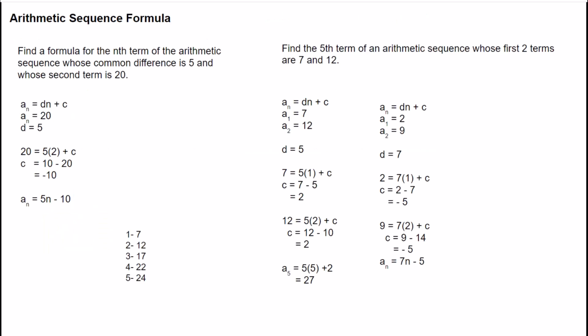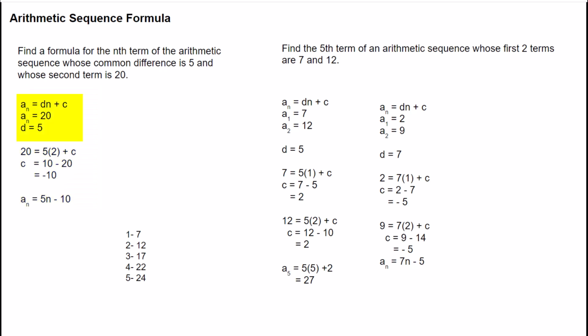Let's see a couple of examples here. We're asked to find the formula for the nth term of an arithmetic sequence whose common difference is 5 and whose second term is 20. Notice here that they're giving us the second term of the sequence, so that would make n equal to 2. They've also given us a common difference of 5 and the value of the second term. So just as we did before, we can solve for c here, come up with a formula, then we can plug in any value we want for n and find out what that term is in the sequence.